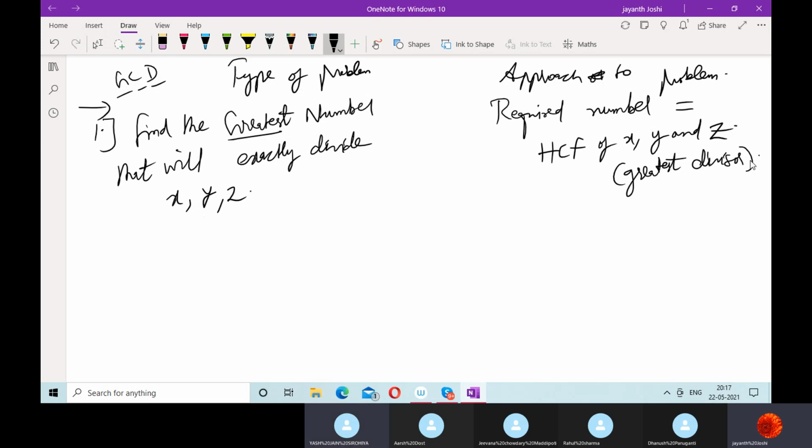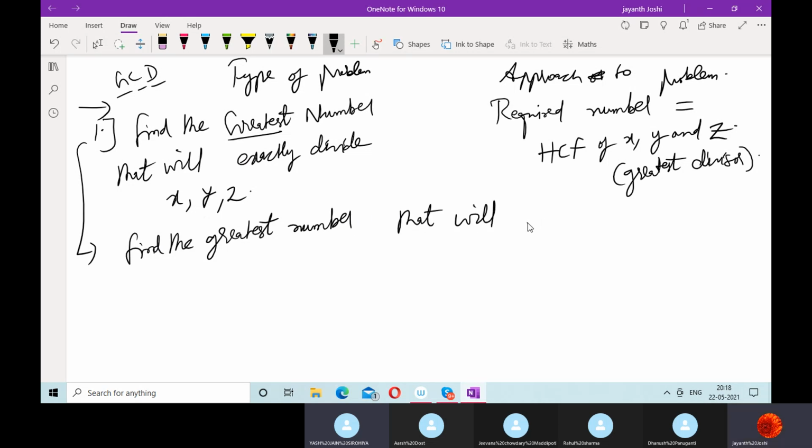Whenever you get a question like this, find the greatest number that will exactly divide x, y, z, the required number would be this. I'm giving you a question, solve it. Come on, do this and tell me the answer.